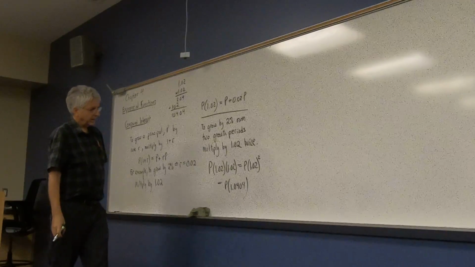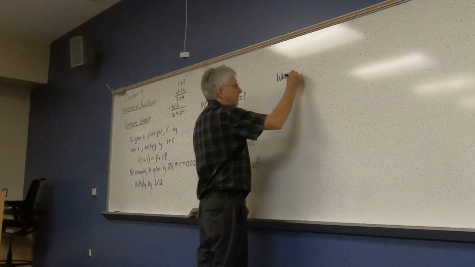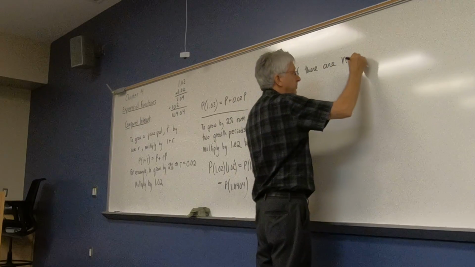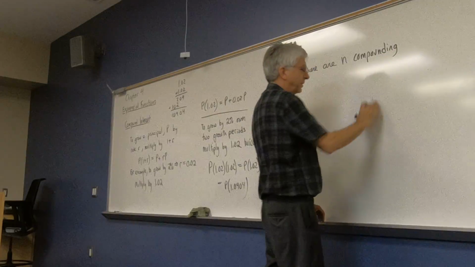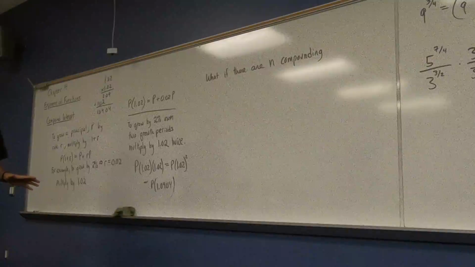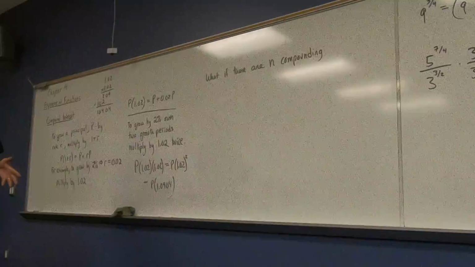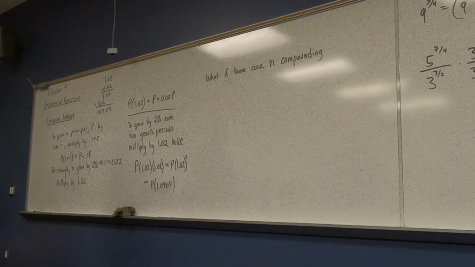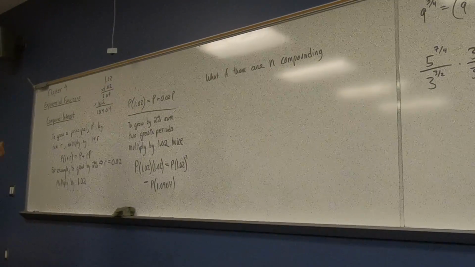Now, what if there are n compounding periods per year, let's say, because the year is the standard for interest rates? When you're quoted an interest rate, it's usually an annual interest rate, which means over 1 year, right? But if you have to wait until the end of the year to reinvest your interest, which is what you're doing here, first you're growing by the 2%, then you're taking your interest and growing that too.